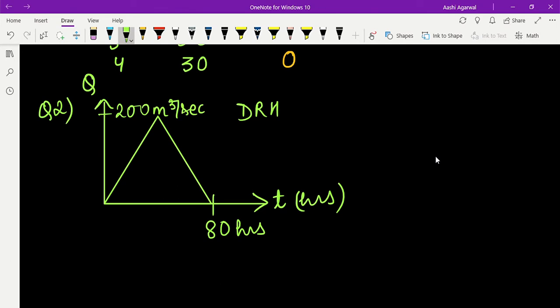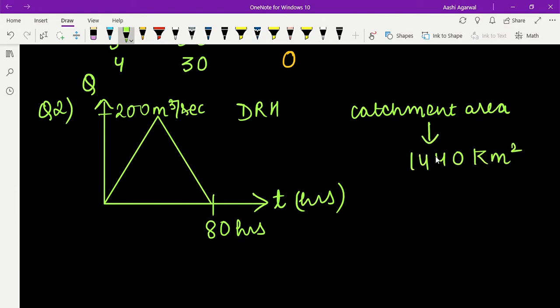This hydrograph has been generated due to a certain runoff from a given catchment, and the catchment area is given as 1440 kilometers square. You have to find out the effective rainfall, or what the runoff was.